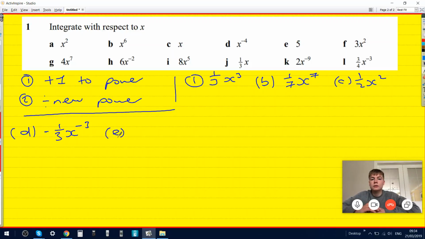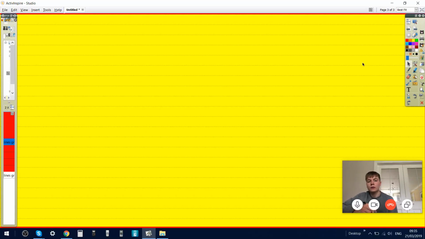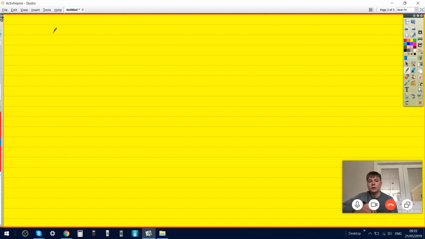Any idea about e? Just 2.5 to the squared. So if you integrate, what is the derivative of 5x?